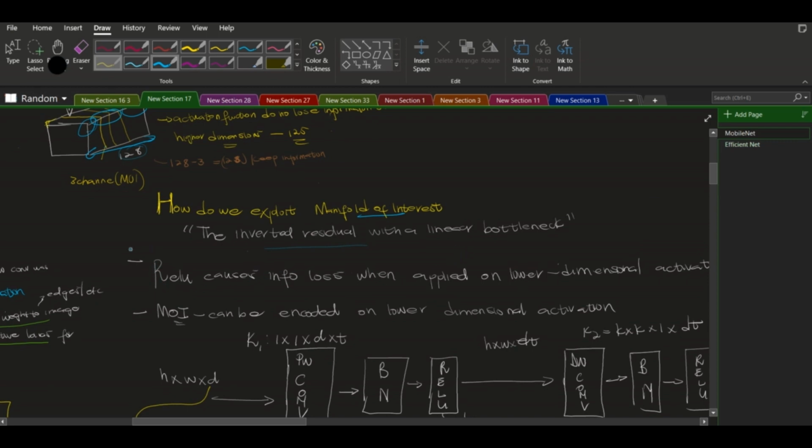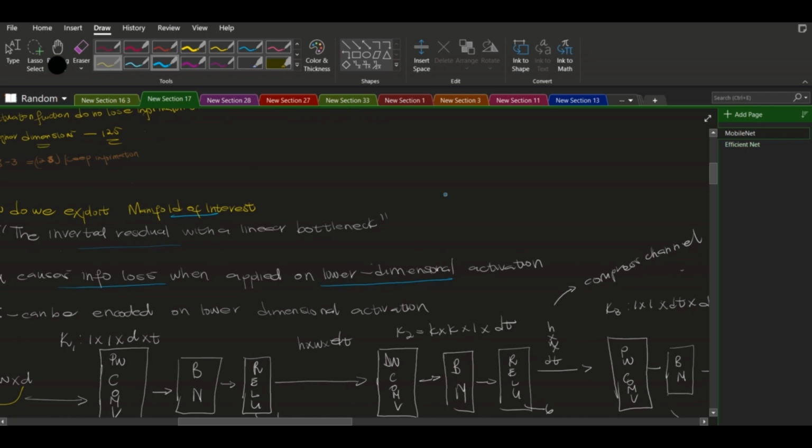The observation is that ReLU causes information loss when applied to a lower dimensional activation. I'll keep using the word dimension, but you can think of dimension as this guy here. If we have a low dimension, like 3 in my example, then we're going to have information loss, which means our loss is going to increase.